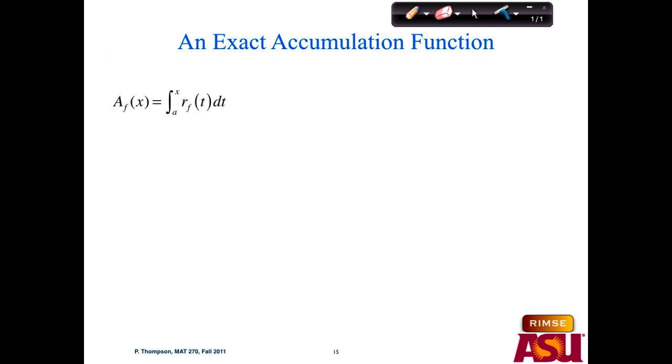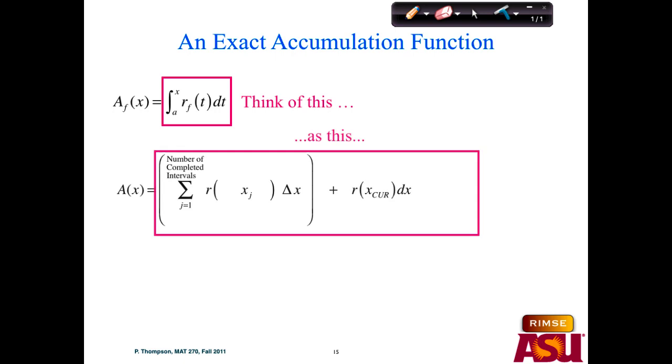Okay, so let's really understand this integral notation. We really want to practice where this came from. Whenever we see this expression, the integral from a to x of rf of t dt, we want to think of where it came from. It came from the approximate accumulation function: the sum of changes from completed intervals plus a little more change from the current interval.